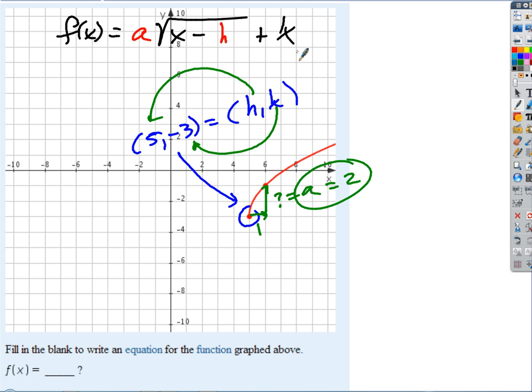For us, we've got f of x equals 2 times the square root of x minus 5, plus -3, which is just -3. So that's my answer right there.